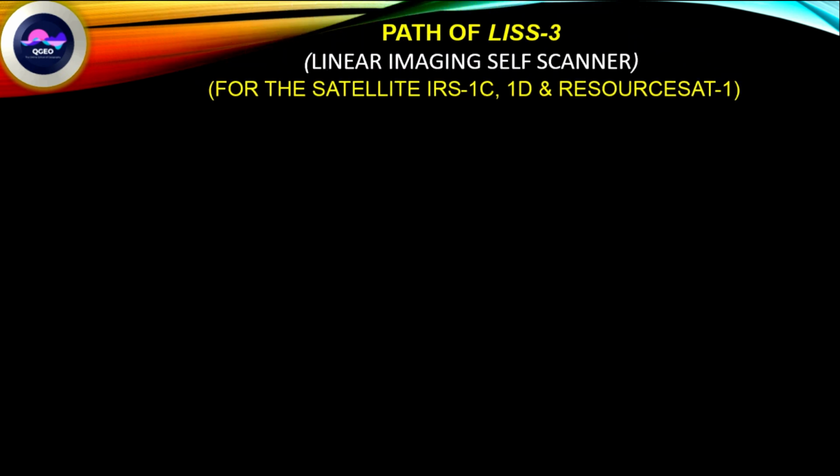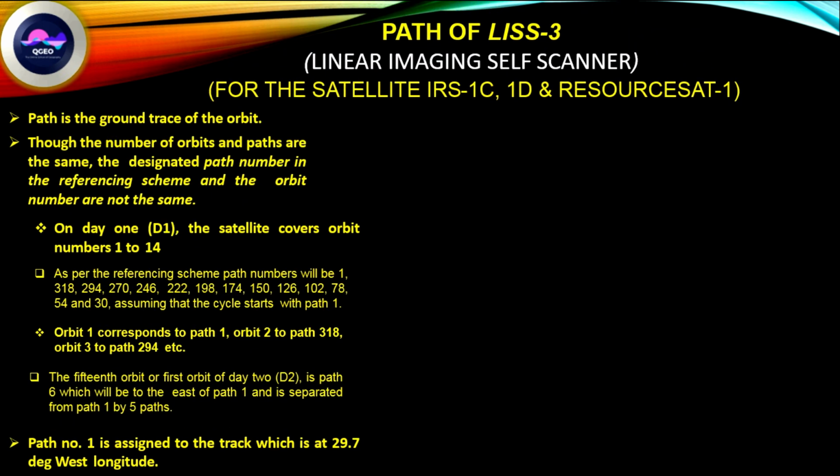Path of LISS-3, Linear Imaging Self Scanner, for the satellites IRS-1C, 1D and ResourceSat-1. Path is the ground trace of the orbit. We have already discussed path and row in our earlier video classes.